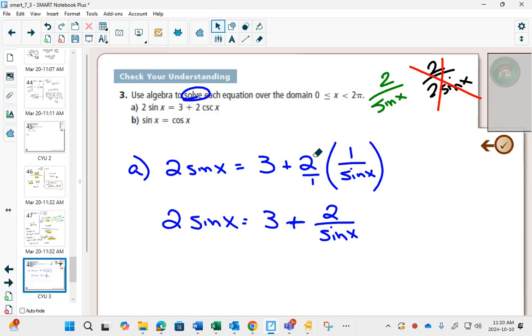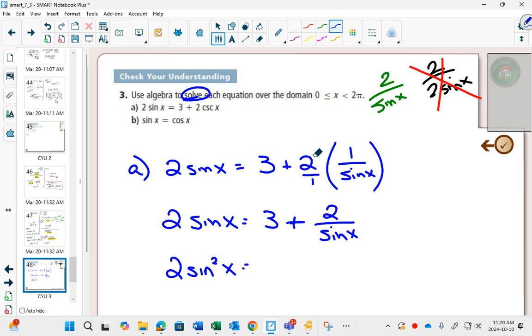Now, this is reviewing rational equations from grade 11. In grade 11, you solved equations where there was an x in your denominator. You remember what you did to get rid of that? You multiply. We're going to do the same thing here. I'm going to multiply everything by sine x. If I multiply both sides by sine x, you see that this side would become 2 sine squared x.